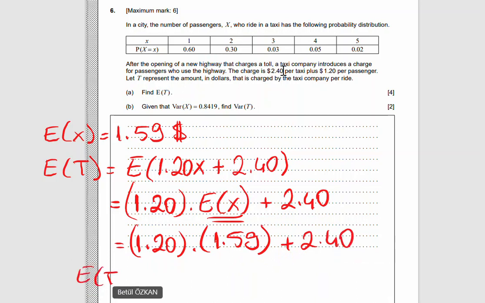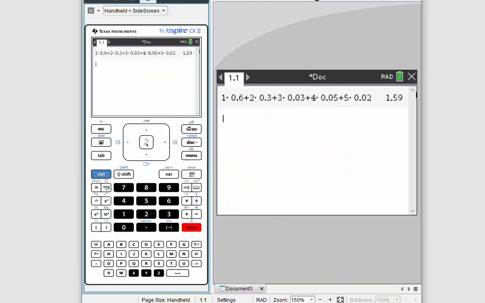E of T will be equal to, let's check the formula on the TI. We will just multiply them and add them. Let me turn back to the TI: 1.20 times 1.59 plus 2.40.